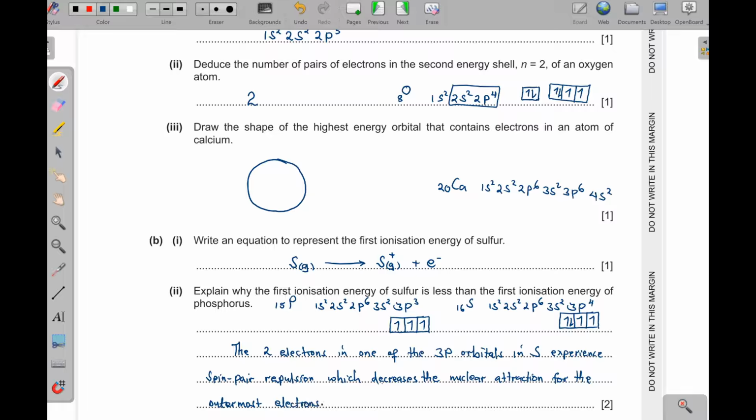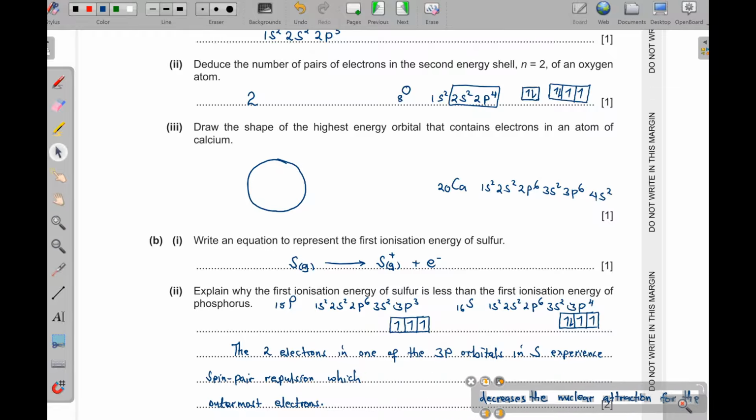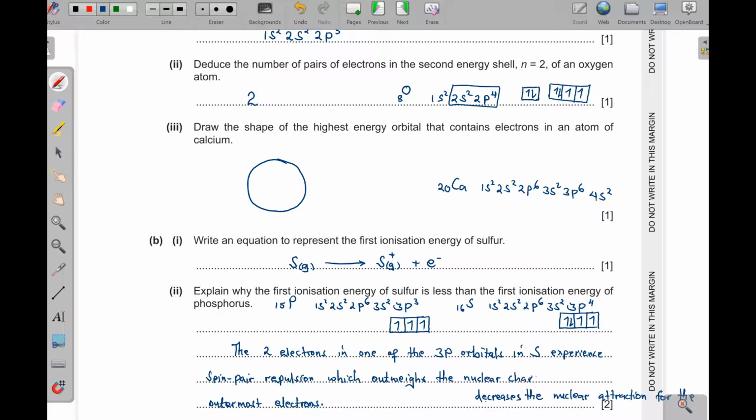As simple as that. Actually, I will say which outweighs the nuclear charge, thereby decreasing the nuclear attraction. I think that is better.